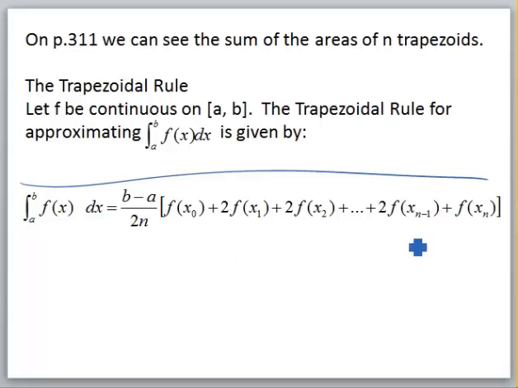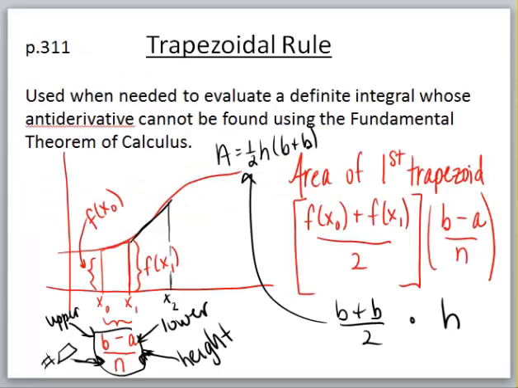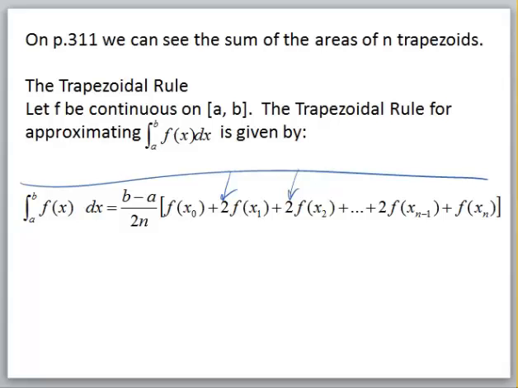But I want to show you where this formula comes from and why there are 2's in front of these. That goes back to this other trapezoid I just got through talking about. Can you see that on this trapezoid right here, the black line would come down here. So there are actually 2 of these x sub 1's, which would be your f of x sub 1. So you'd be using that as your base twice. That's why there's a 2 in front of there.